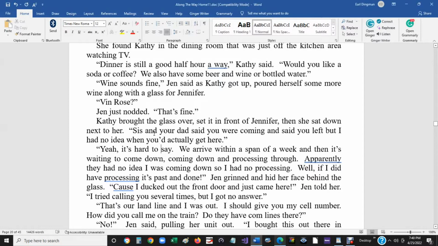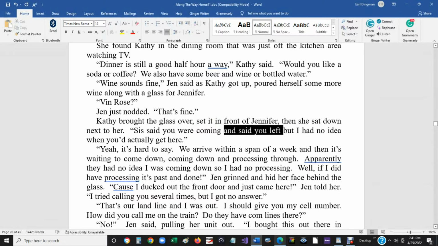So the sis that Kathy is talking about is Jennifer's mother, and your dad would be her brother-in-law. And that's just an awkward thing. I can't imagine a sister saying that. I can't imagine an aunt saying that. "Sis and your dad." So let's get rid of "and your dad," and "said you left" is extraneous. Let's get rid of that.